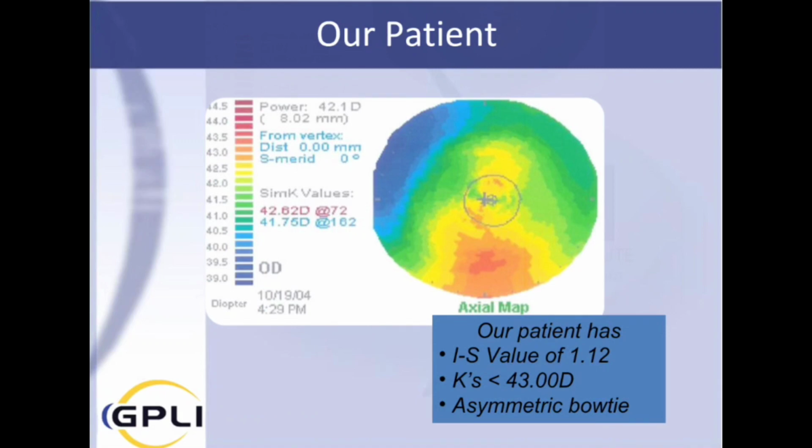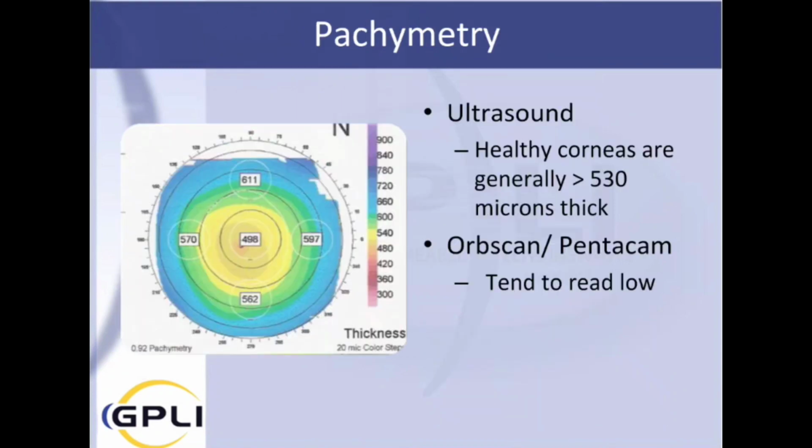In our patient, the inferior minus superior value is 1.12. The Ks are less than 43. However, there is an asymmetric bow tie appearance.